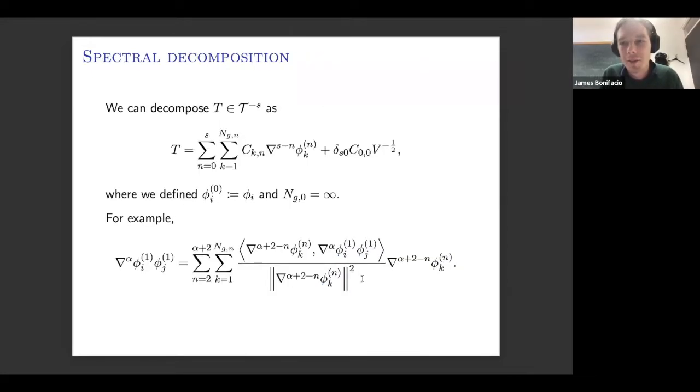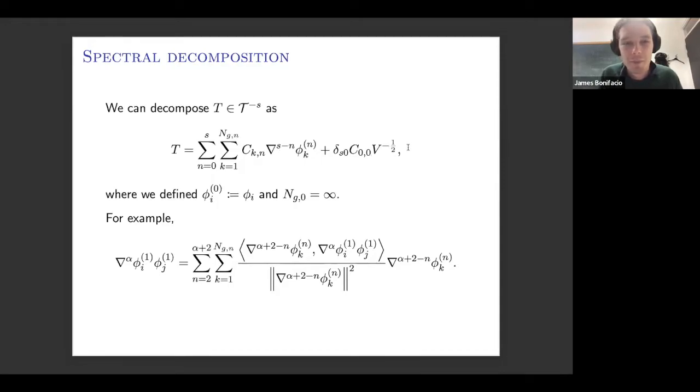So earlier on, I mentioned this orthogonal decomposition. I can combine this orthogonal decomposition of the space of helicity minus s tensors with the decomposition of a function in terms of eigenfunctions and a holomorphic s differential in terms of the basis of holomorphic s differentials, to decompose a general helicity minus s tensor in terms of derivatives of holomorphic s differentials and eigenfunctions.